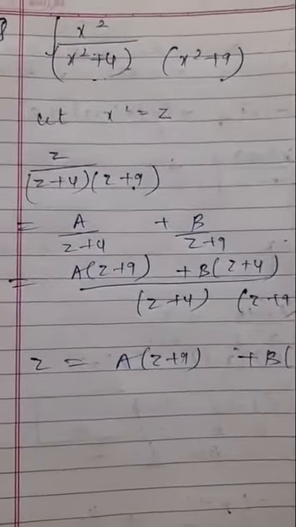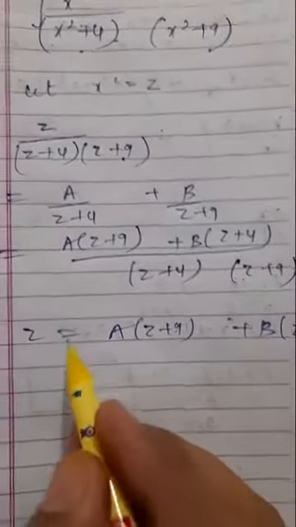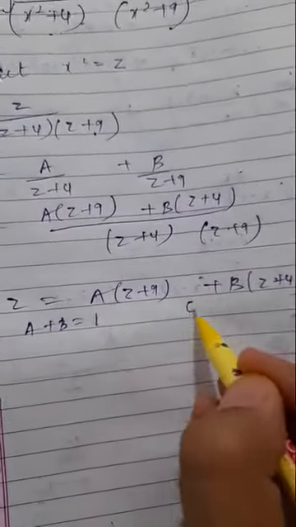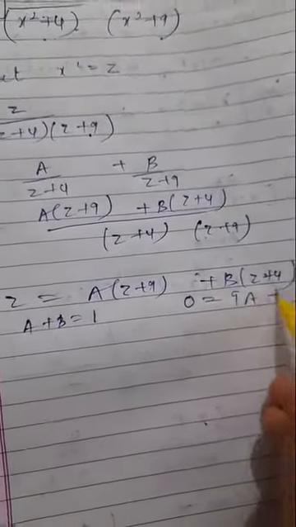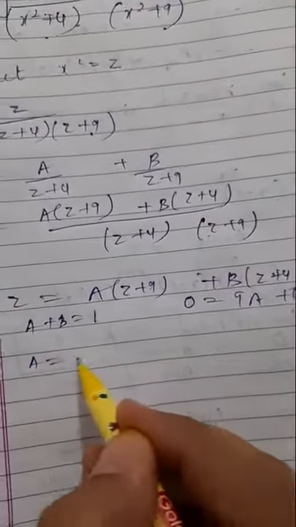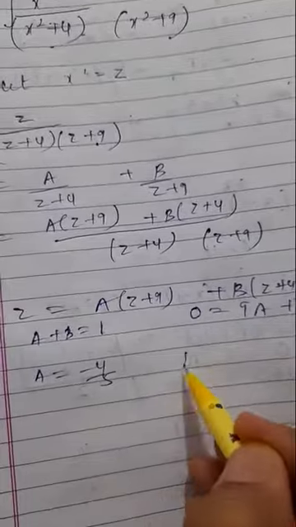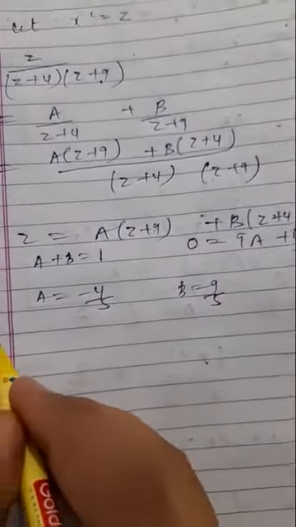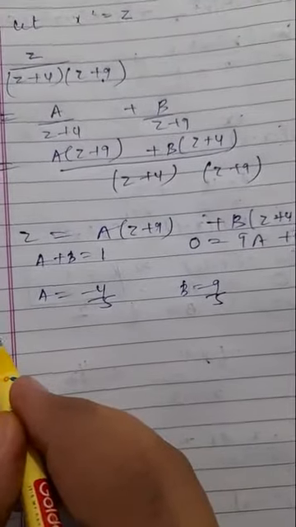Now equating the coefficient of z and the constant term, we get a plus b equal to 1 and 0 equal to 9a plus 4b. Solving these two, we get the value of a as minus 4 by 5 and b equal to 9 by 5. So now before integrating, we'll substitute z as x square.